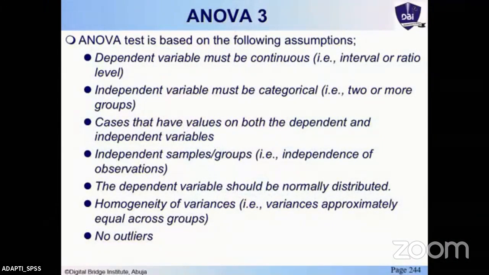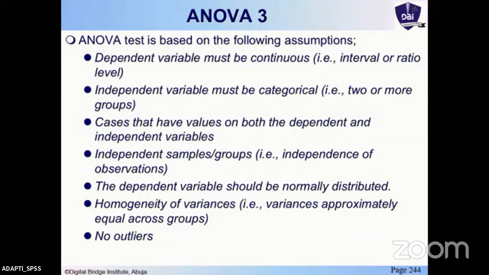All right. Now let's look at the conditions that must be met before we can use one-way analysis of variance. The dependent variable must be continuous. The independent variable must be categorical, three or more groups, with cases that have values on both the dependent and independent variable.